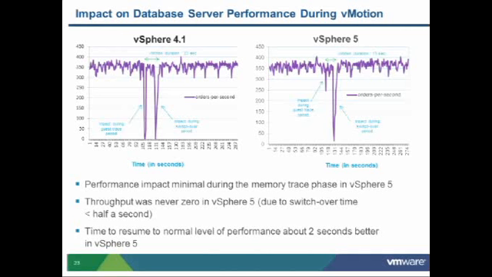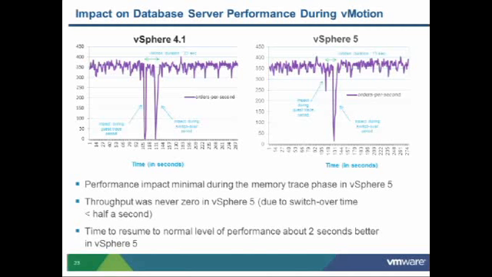On vSphere 4.1, we saw two noticeable dips, both during the memory trace phase as well as during the switchover phase. In comparison, thanks to all the improvements that we made to memory traces, in vSphere 5 the dip during the memory trace phase was very, very minimal.